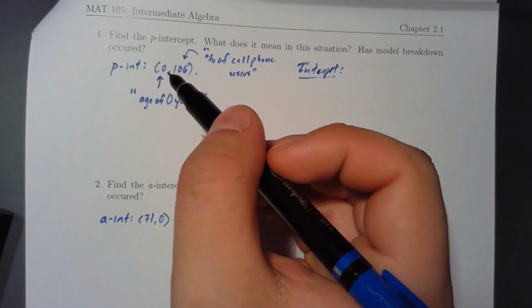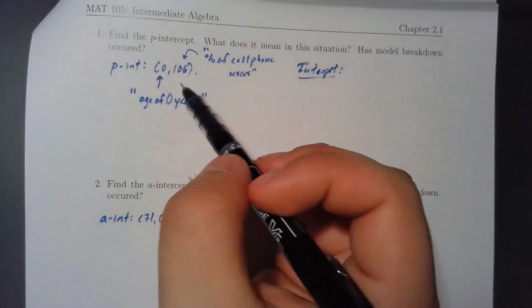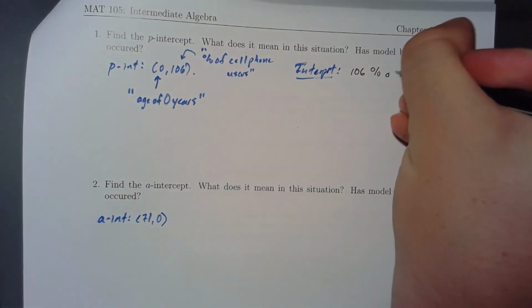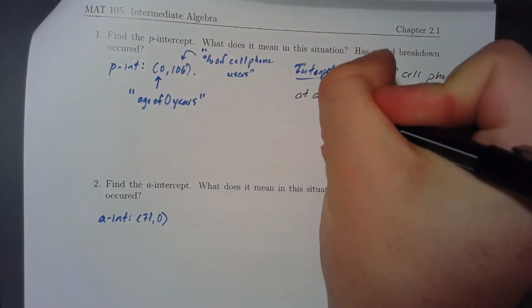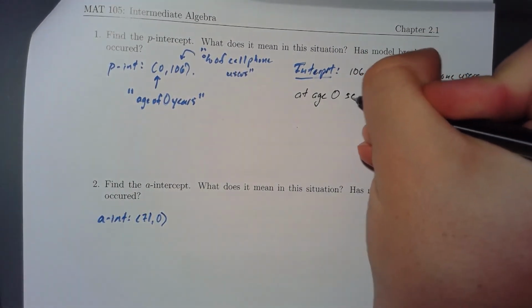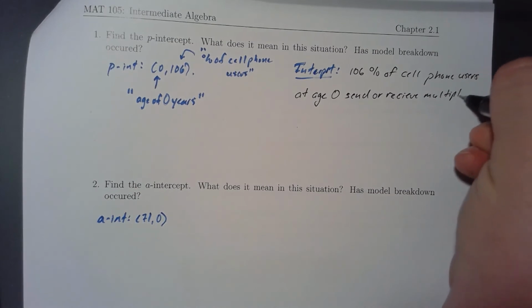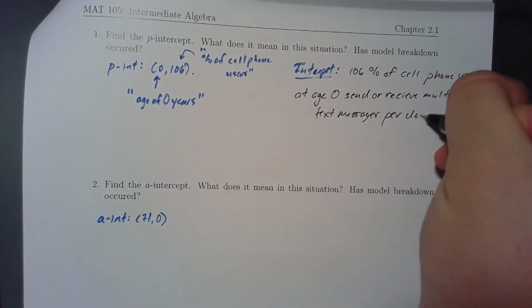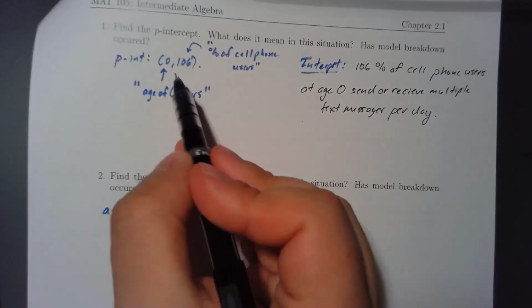Well, there could be various ways to interpret this, but this says 106% of cell phone users at age 0 send or receive multiple text messages per day. And so that's what this p-intercept says.